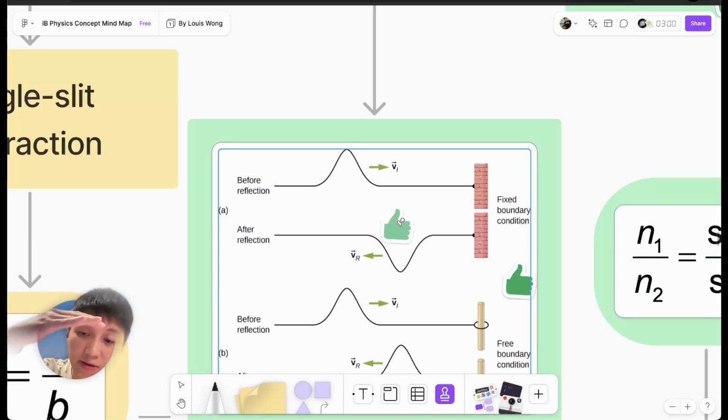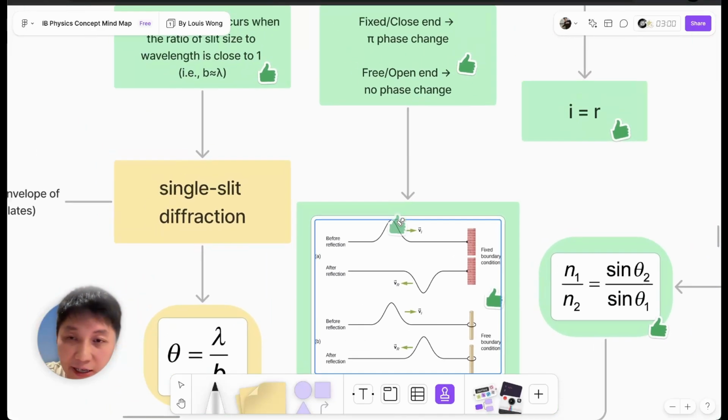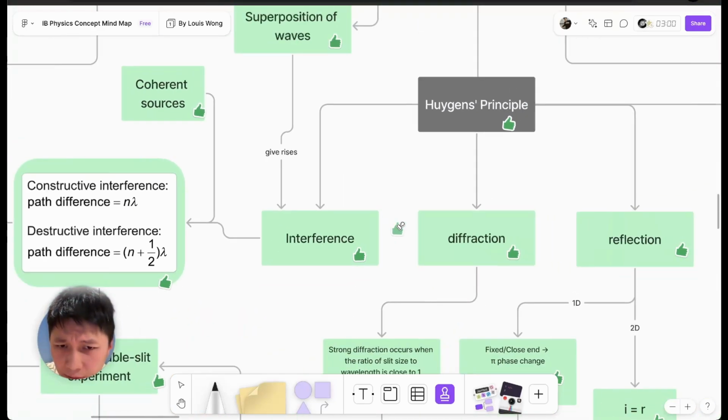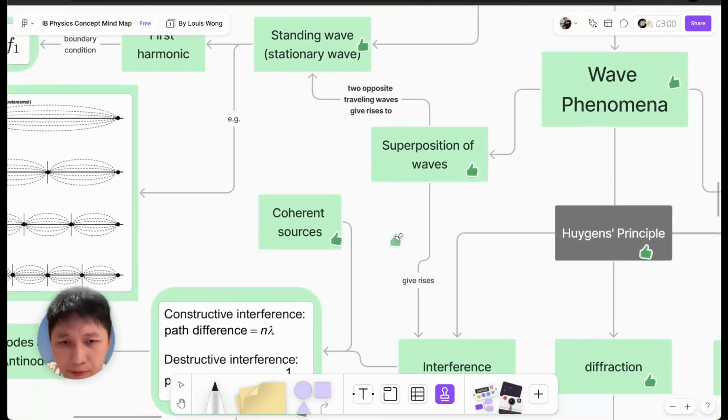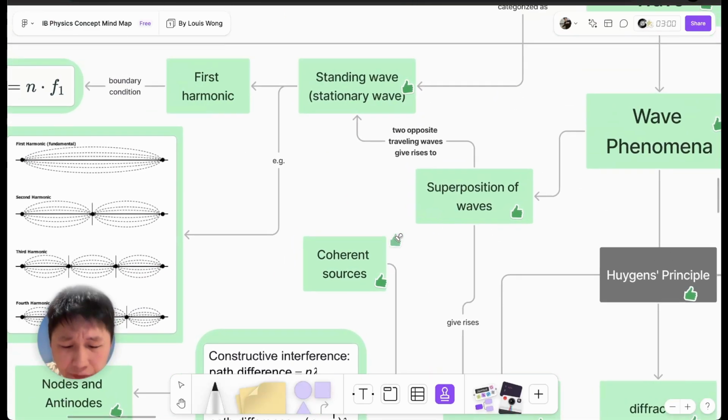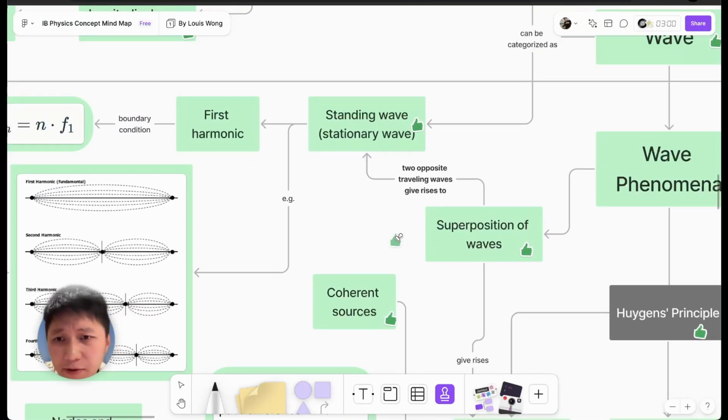So the incoming incident wave and the reflected one will meet each other, and the reflected one will probably also have a phase change. Then they form a certain pattern, and with the right frequency, a standing wave can be formed.